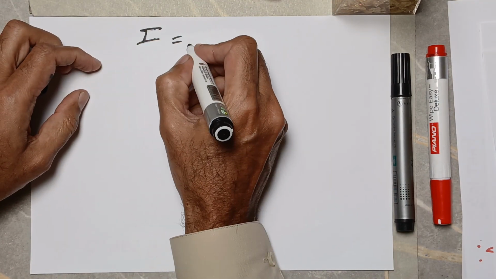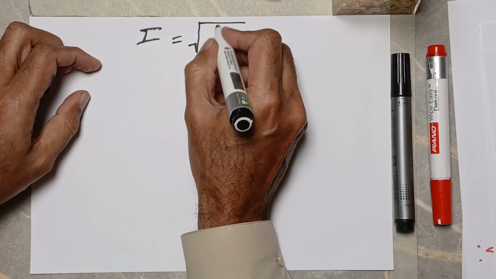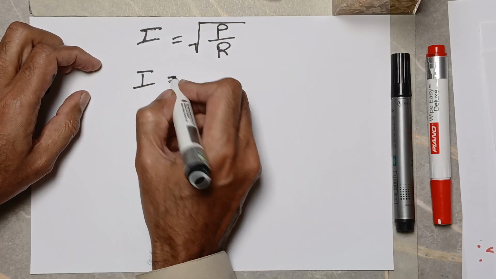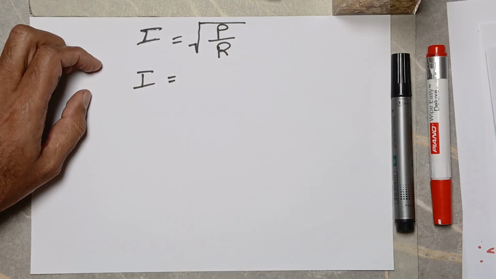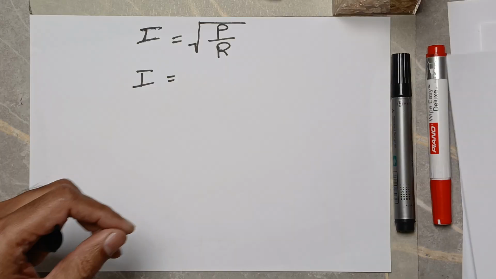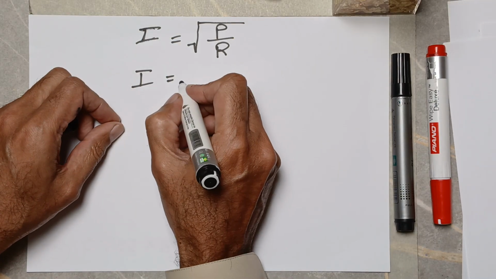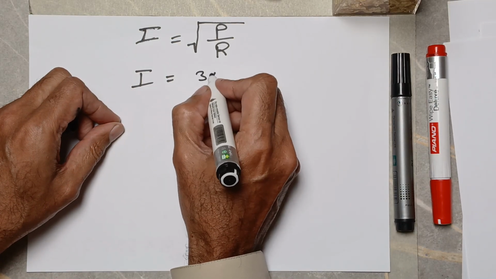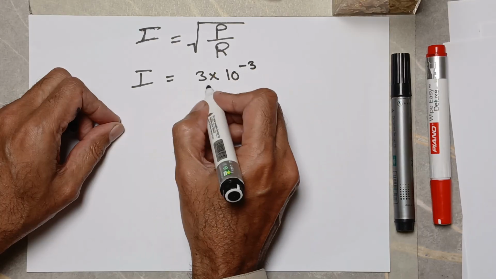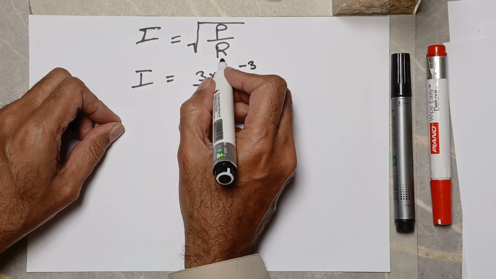I is equal to the square root of P over R. I over here, and what was our P? P was 3 times 10 raised to the power minus 3 watts. And what was our resistance?